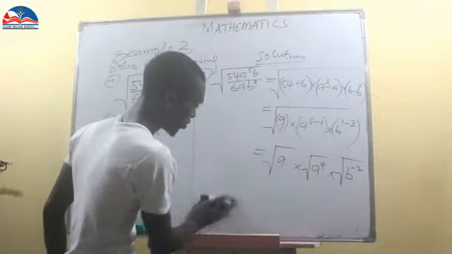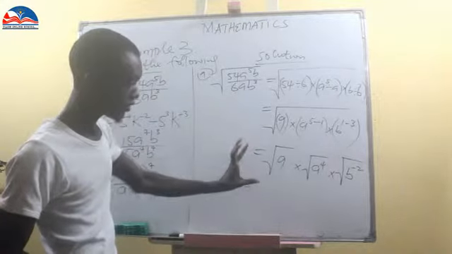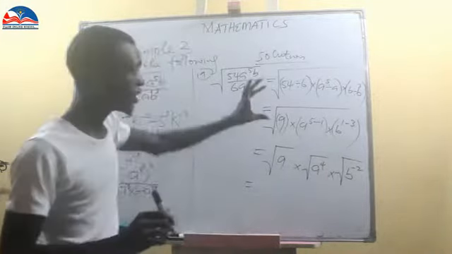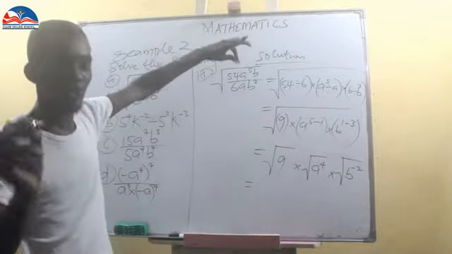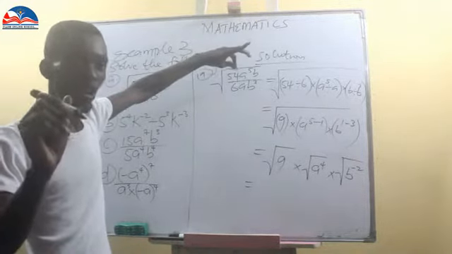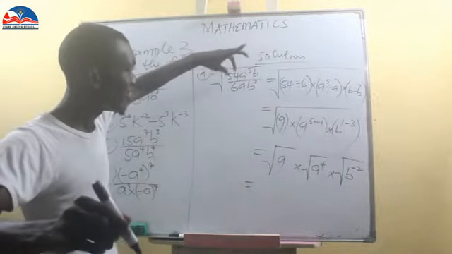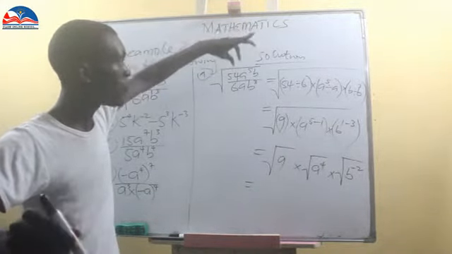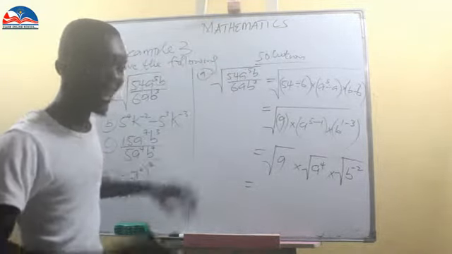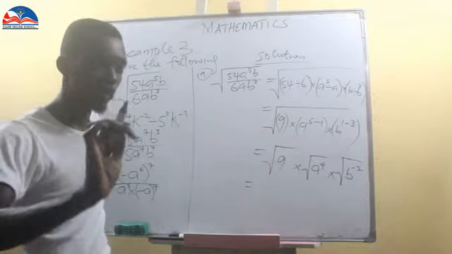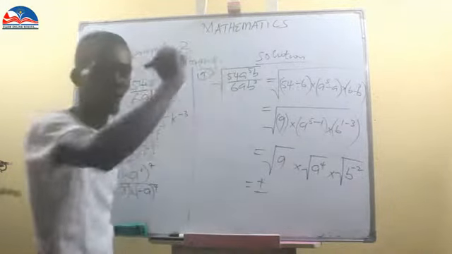So it is equal to, now, once you take the square root of a division expression, the answer comes as plus or minus. So we want to have plus or minus.